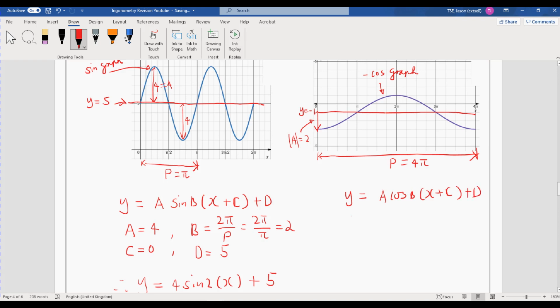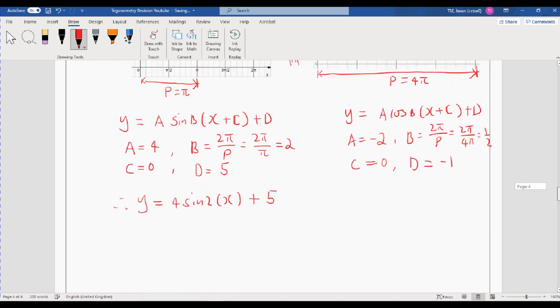In this case, a equals -2 because it's a negative cosine graph with amplitude 2. b equals 2 pi over the period, 2 pi over 4 pi, that's 1/2. c again, there's no horizontal shift, so c equals 0. d is -1. So the graph would be -2 cos half x, oh sorry, it should be plus -1. That's it.